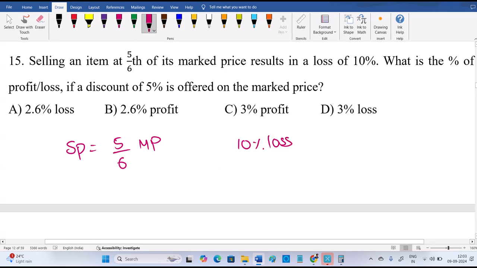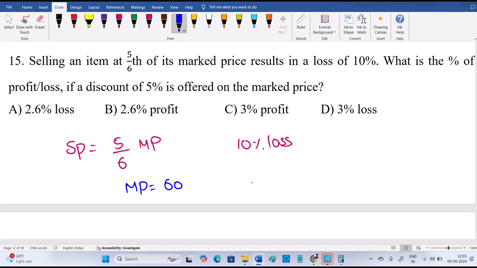Okay, this is the question. In percentages, profit and loss, simple interest and compound interest, ratios, don't go for X and all. Always try with numbers. Let us consider marked price equal to 60. Why have you taken 60, sir? I have to divide by 6.